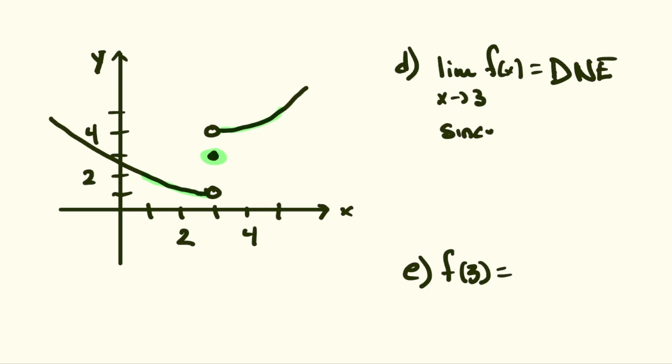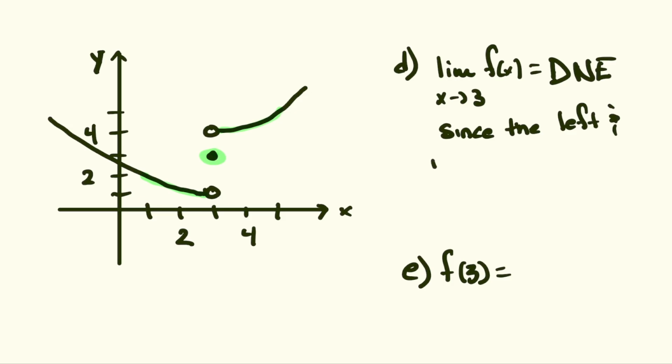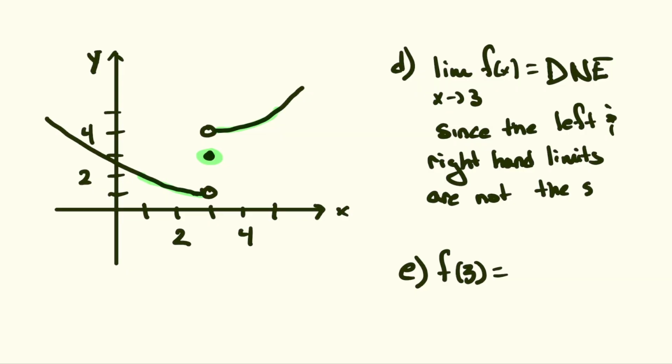This is since the left and right-hand limits are not the same. And just as a slight point, we don't care what happens at the point, we just care what happens as we get closer to the point.